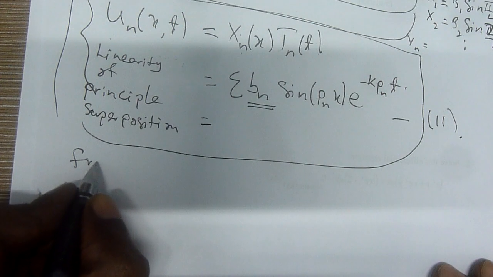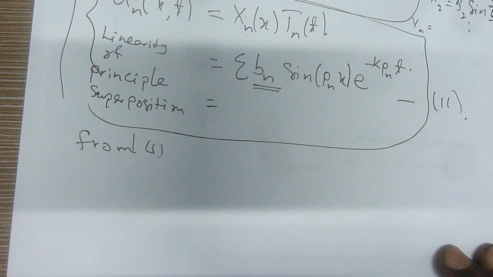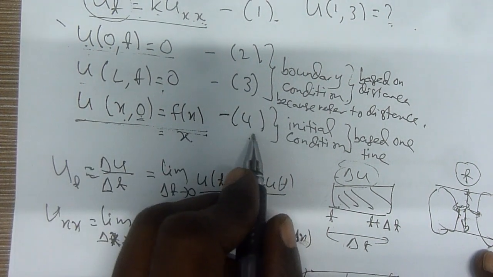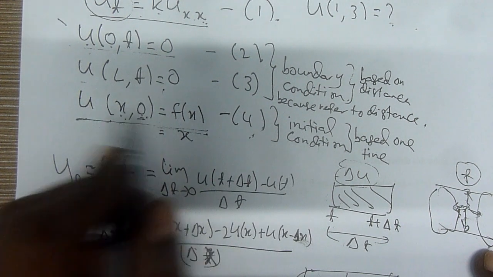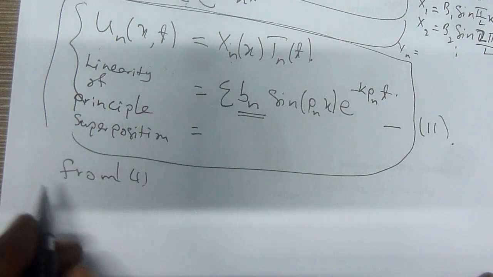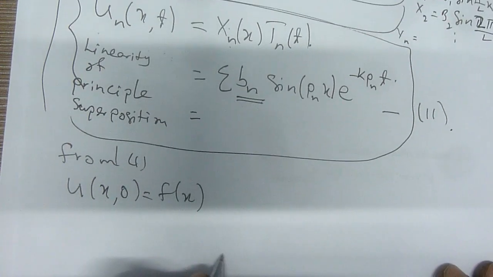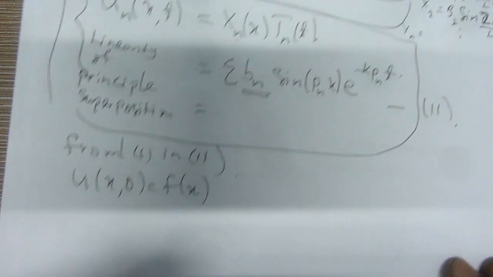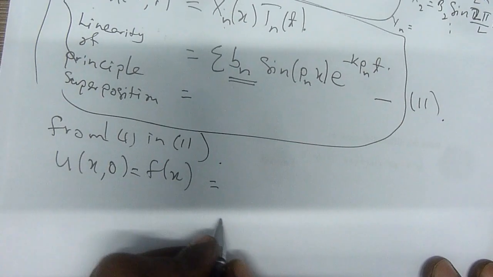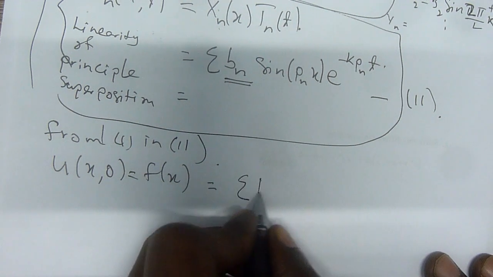From 4. What is 4? For the equation, this is number 4. I need to use number 4. We know u(x, t) when t equals 0, you see. We have f(x) in 11, where we get this Bn.